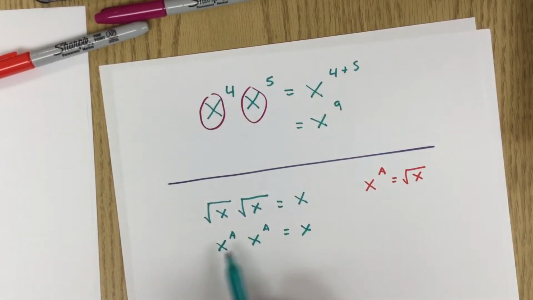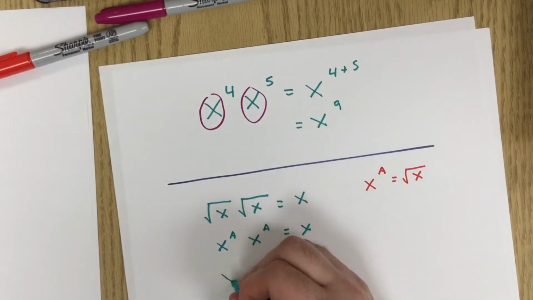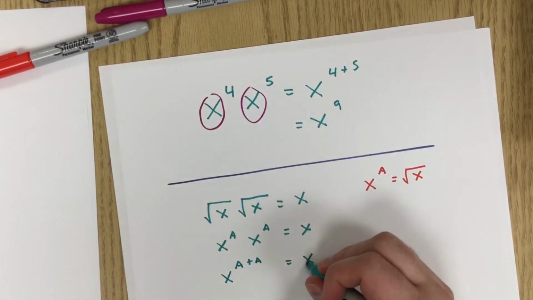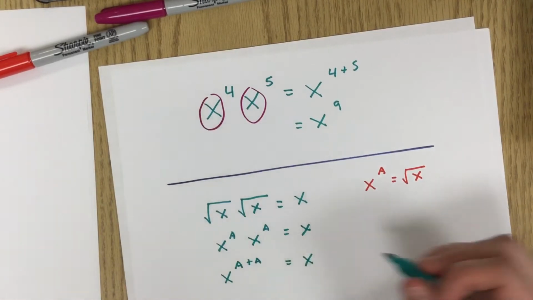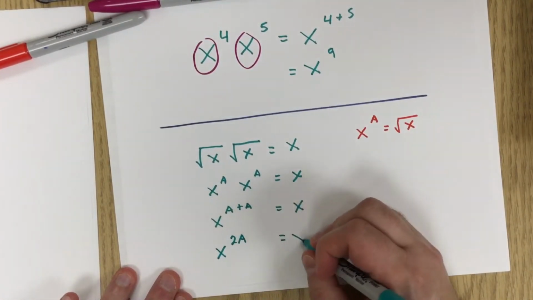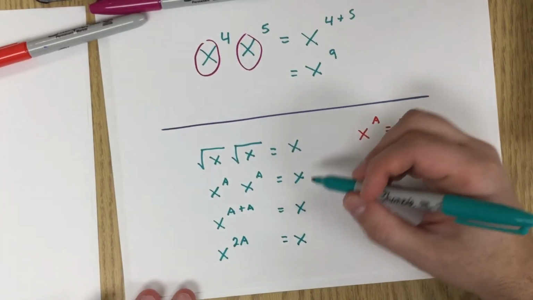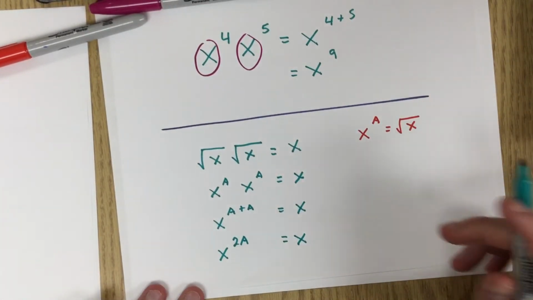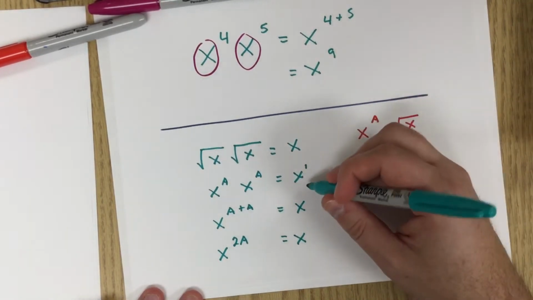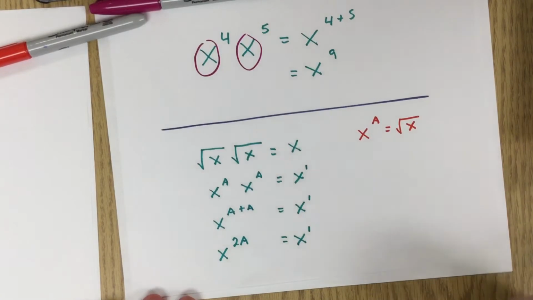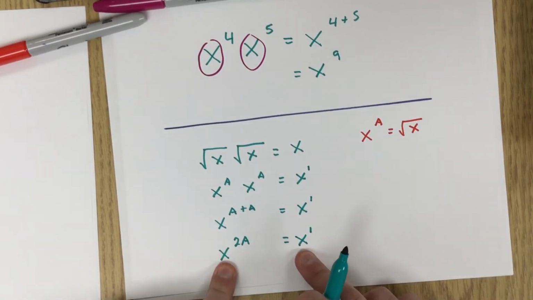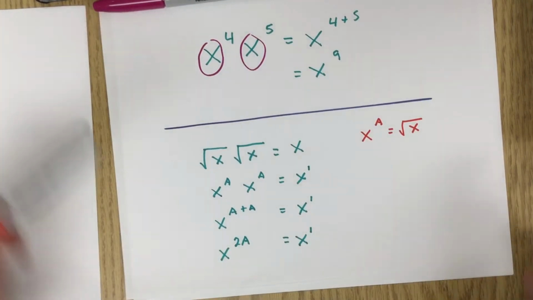Now another way of doing that, we have x to the a times x to the a. That's like saying x to the a plus a equals x, and x to the a plus a is x to the 2a equals x. Now, I've been writing x here, but there's kind of an invisible exponent there as well. Whenever we have an x alone, really x is the same thing as x to the 1. So x to the 2a is equal to x to the 1. And if the bottoms are the same, then the exponents also have to be the same.